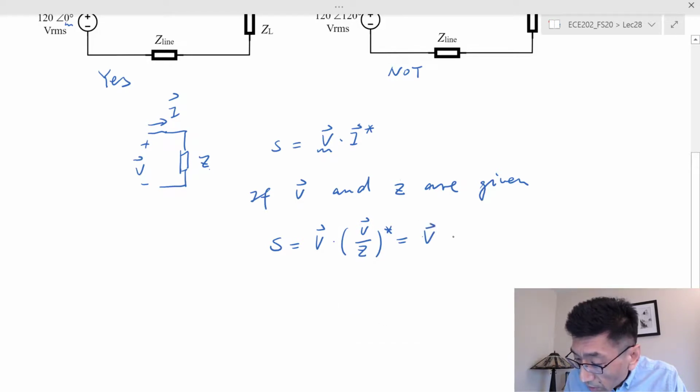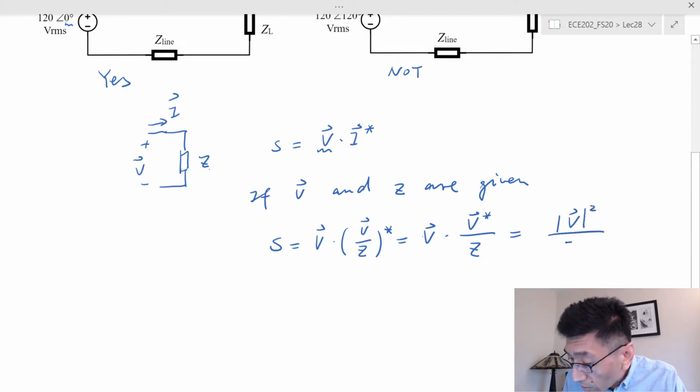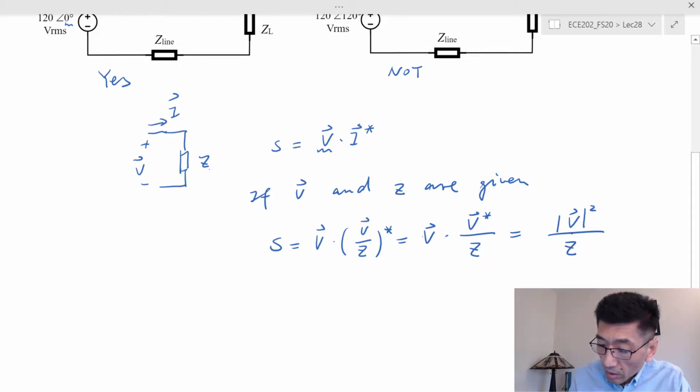Then we have V times V conjugate over Z conjugate, and V times V conjugate is going to be equal to the V amplitude squared over Z conjugate. So that's the formula if you know V and Z.